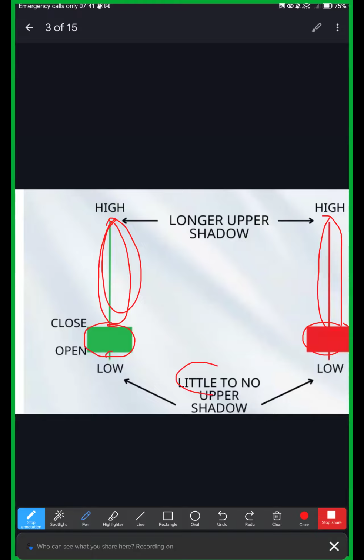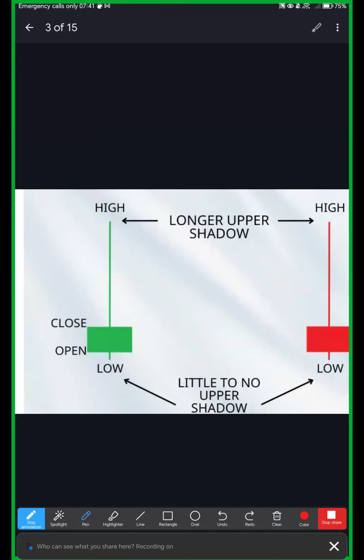But what matters is the upper shadow. I'm talking of the lower shadow here. Sometimes there is no lower shadow at all. But look at the upper shadow. It is a long upper shadow, and there is a small body.